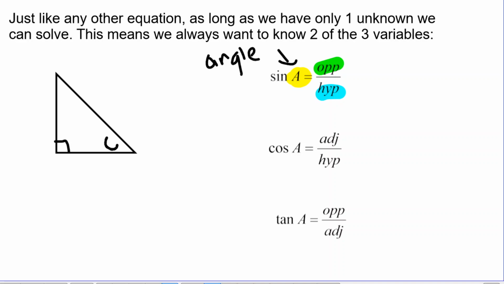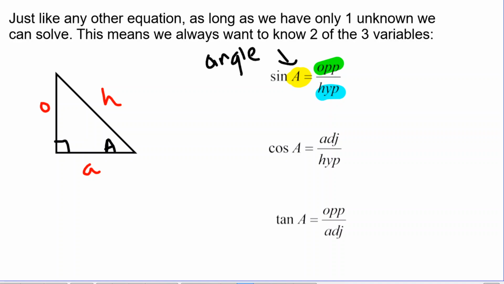So again, if I'm talking from a specific angle, let's call it A here, I first label my sides. From angle A, this far left side is the opposite side length. This close bottom side is the adjacent side length. And the longest side across from the right angle is my hypotenuse.